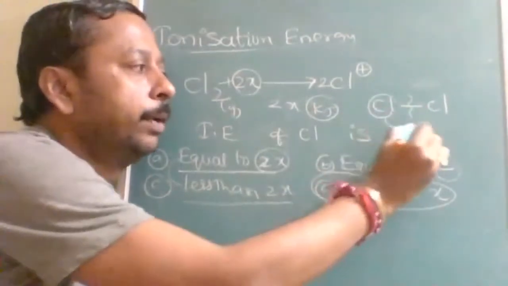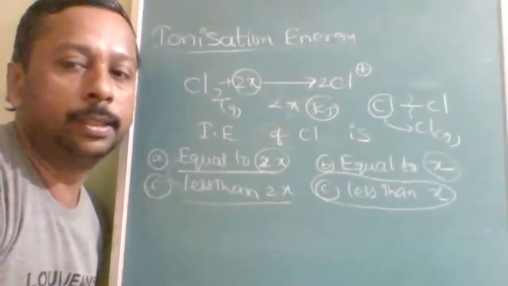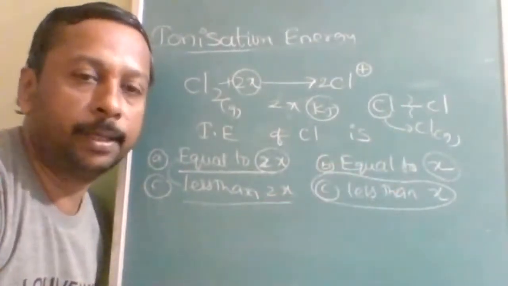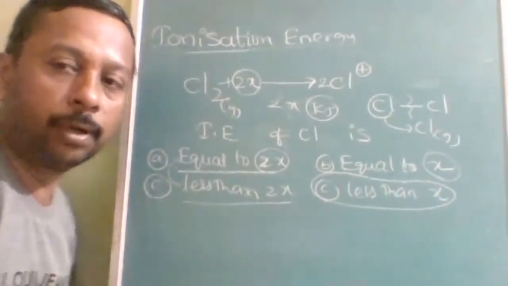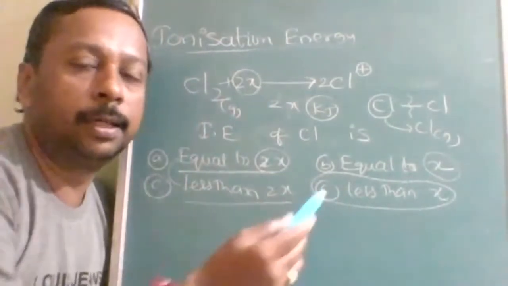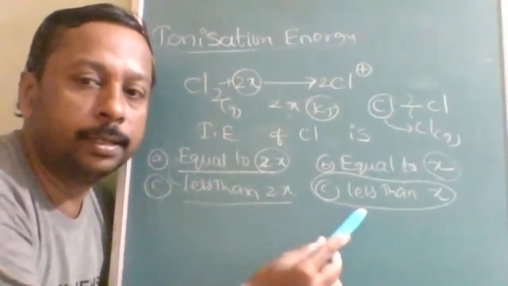First it should be separated, then the electron removed. So out of the 2x energy, some energy will be involved in breaking the chlorine-chlorine bond. Therefore, the actual energy required for ionization energy will be less than that. So that's why the answer will be less than x.